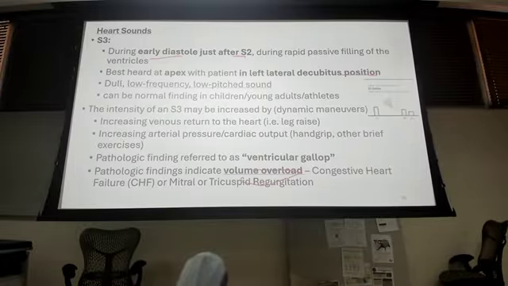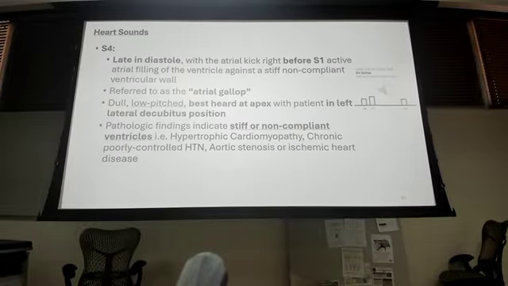Compare that to the S4, which is a late diastolic heart sound. It's low frequency, so best heard with the bell of the stethoscope. And this is present when there is a stiff or non-compliant ventricle.